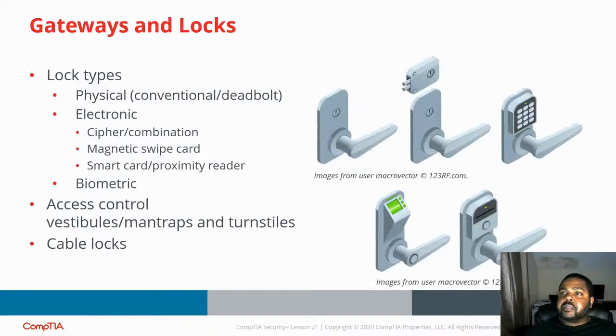So these are the things that we want to keep in mind when it comes to laying out the physical parameters of our building. Then we want to make sure that when it comes to the physical doors inside our building, we think about what type of locks we are putting on them. Are we going to make our employees wear badges that have chips in them, so that whenever they need to go into a certain floor or hallway or a different department, they will need an access badge in order to get into that department?